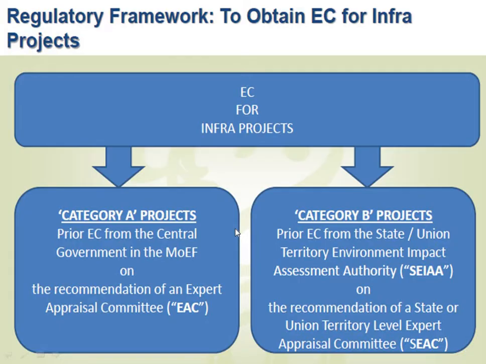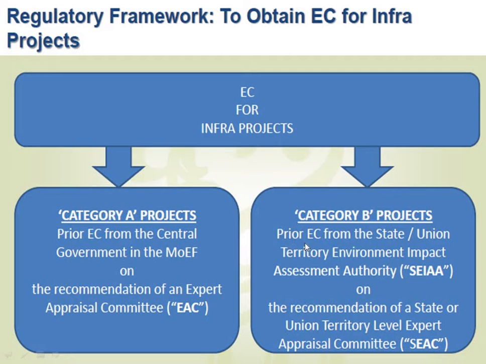Now we talk about some of the different sectors. Infrastructure sectors: again, for EC clearance for infrastructure projects, for Category A, prior EC is required from the central government, MOEF, on the recommendation of the Expert Appraisal Committee, EAC. They recommend it for Category A projects.